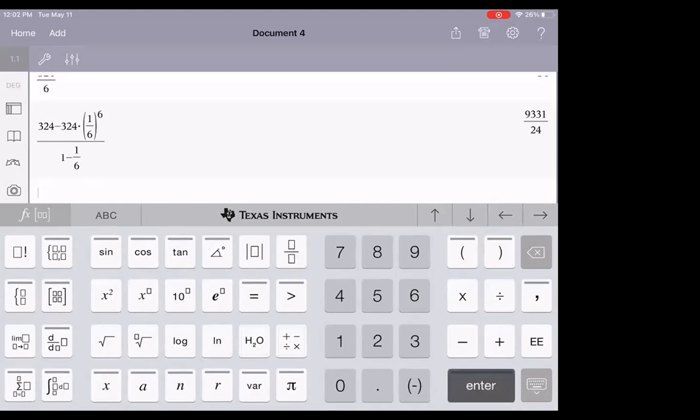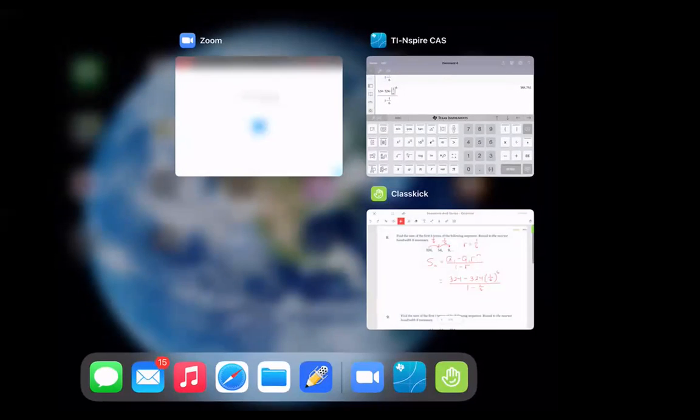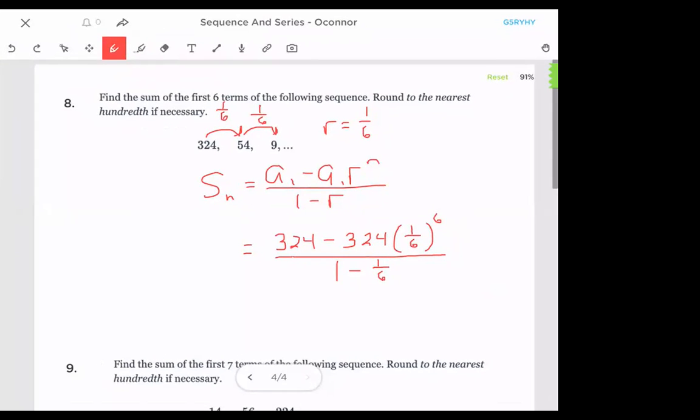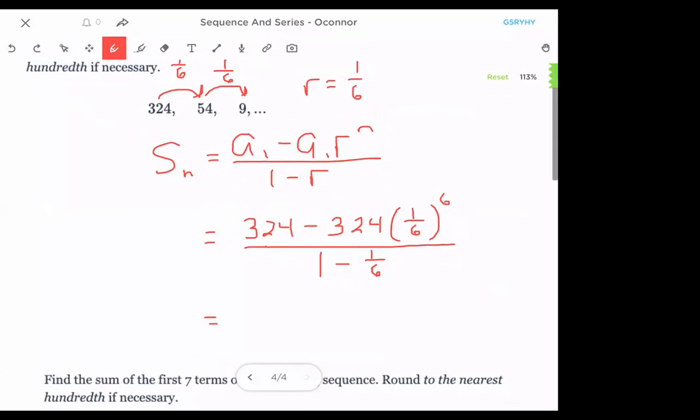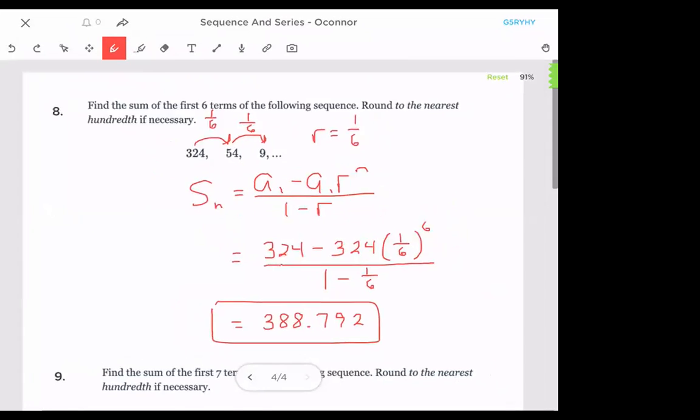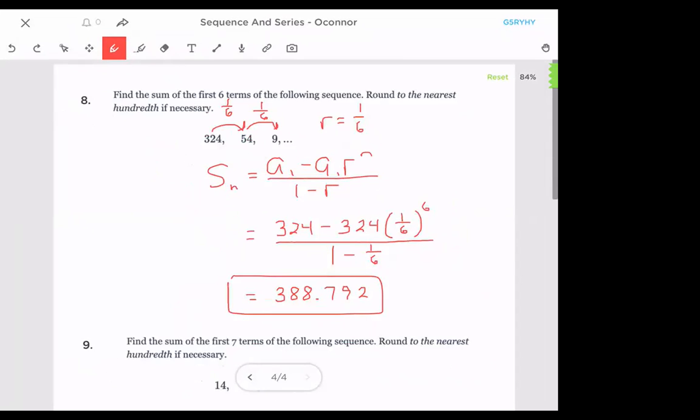And so I get this fraction. It might be a little bit more helpful to have than a decimal. So 388.792. Oh, wait a second. Oh, I'm sorry, because this is the sum, yes. So I got 388.792. And so again, that means if I took that 9, divided by 6 and got the next one, divided by 6, got the next one, did that and got 6 terms and added them all up, that would be my sum.